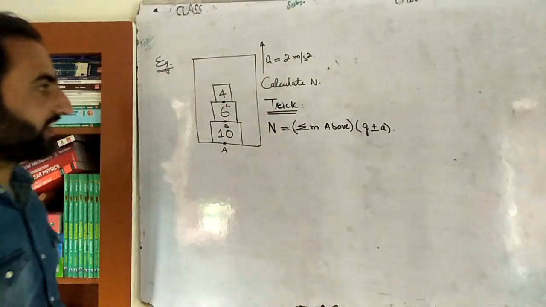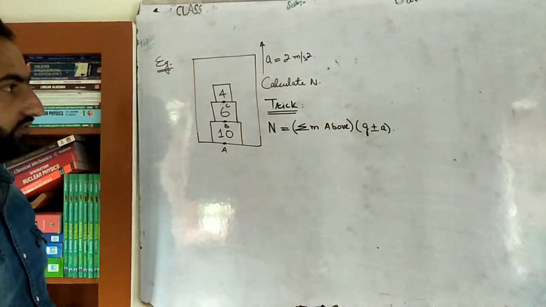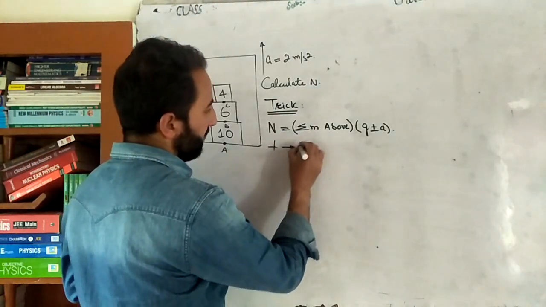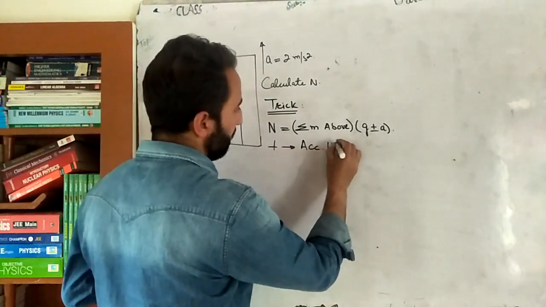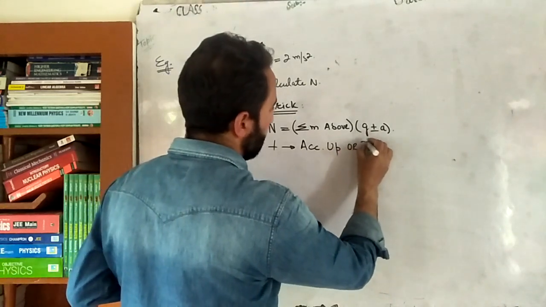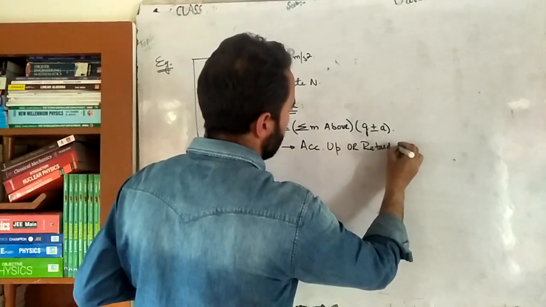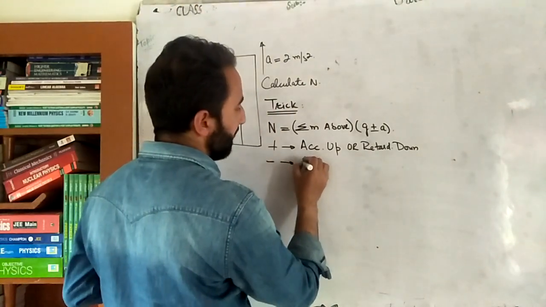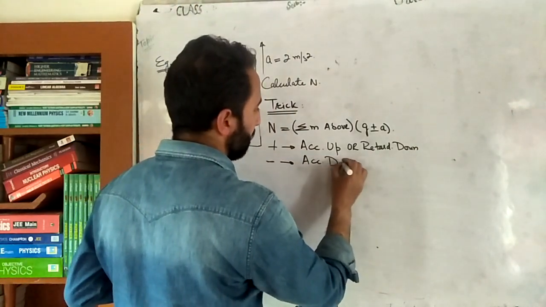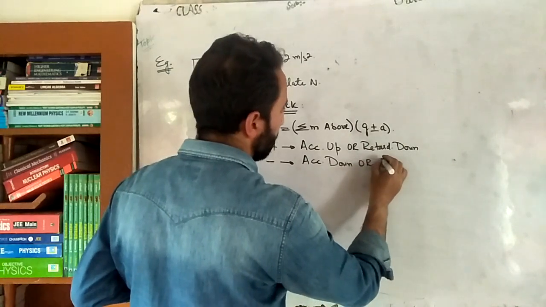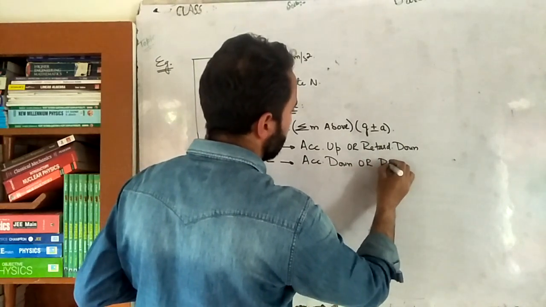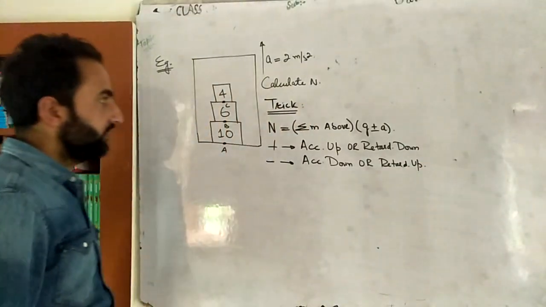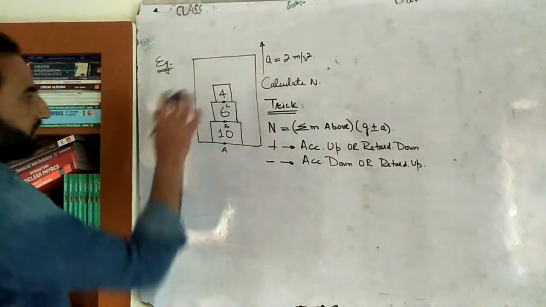Plus when accelerating upwards or retarding downwards, and negative sign when it is accelerating downwards or retarding upwards. Okay, so using this trick we can calculate the normal reaction.